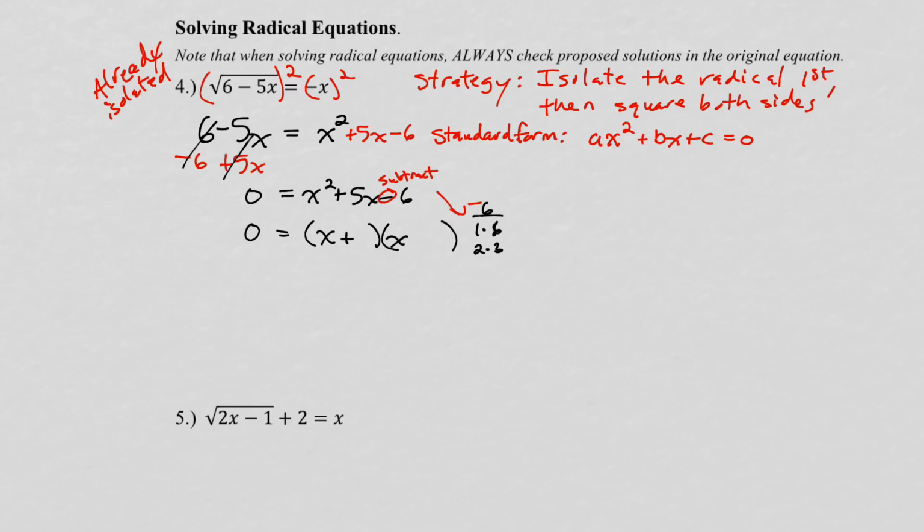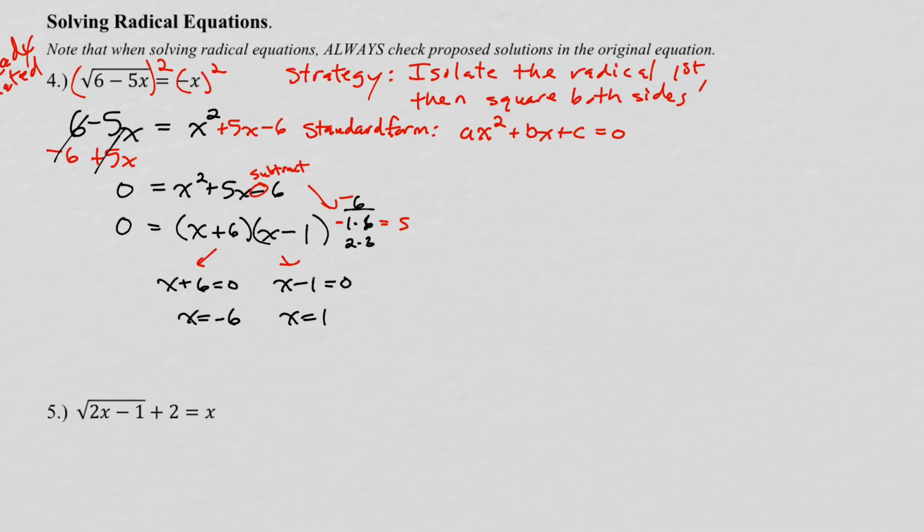So that's going to be -1, +6. That equals my +5. So we just put our 6 here, -1 here. These are this zero product property. And now we have two proposed solutions. Okay, so we're going to go ahead and check each one of these.